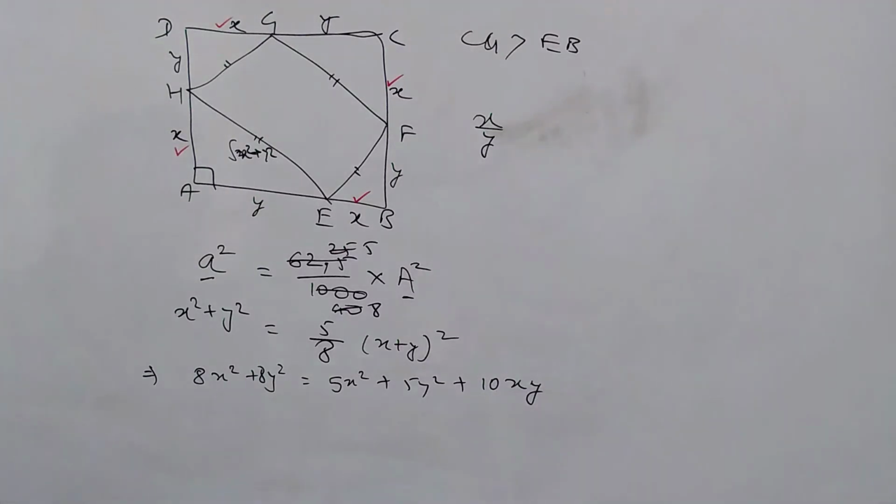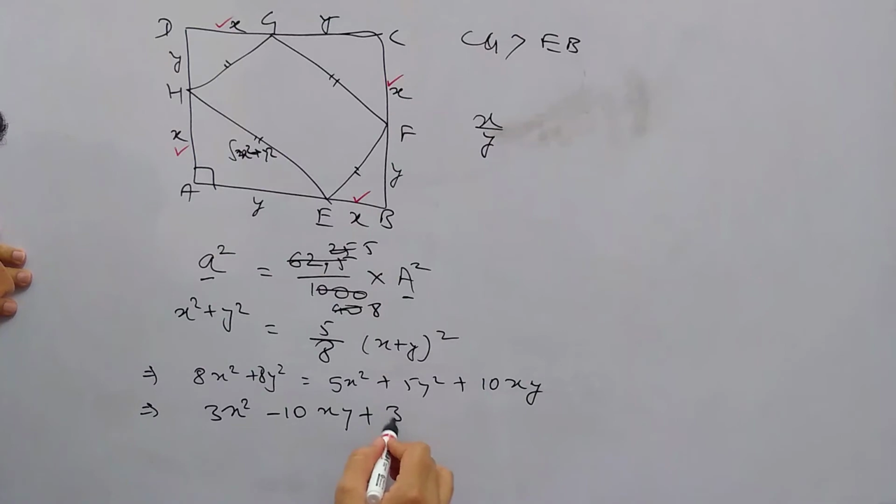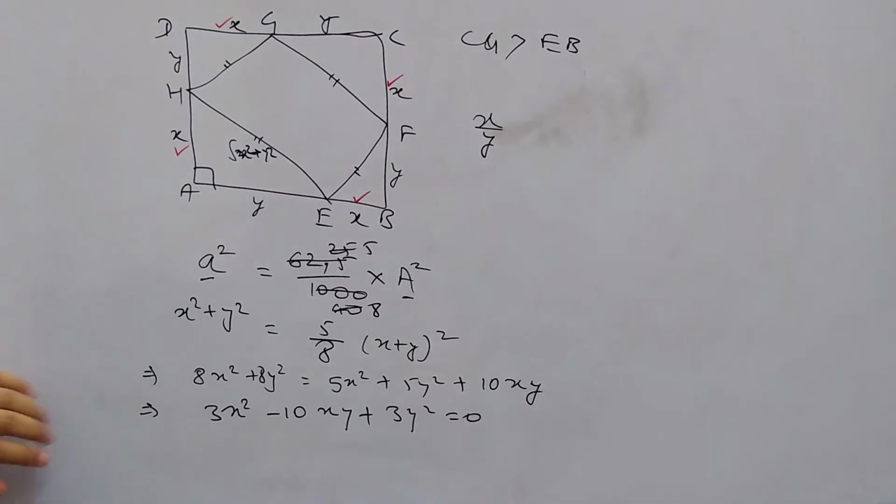Okay, or we can write this as 3x square minus 10xy plus 3y square equals 0. So if you see, this is a quadratic equation, and we can easily break it into factors.